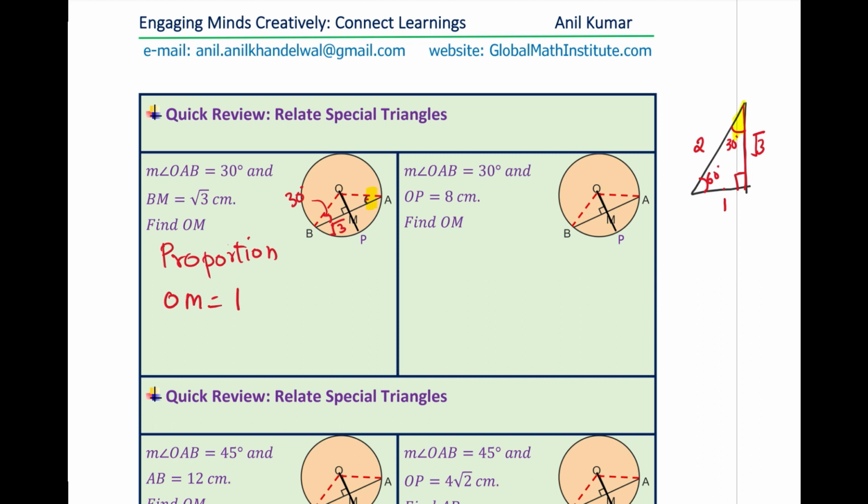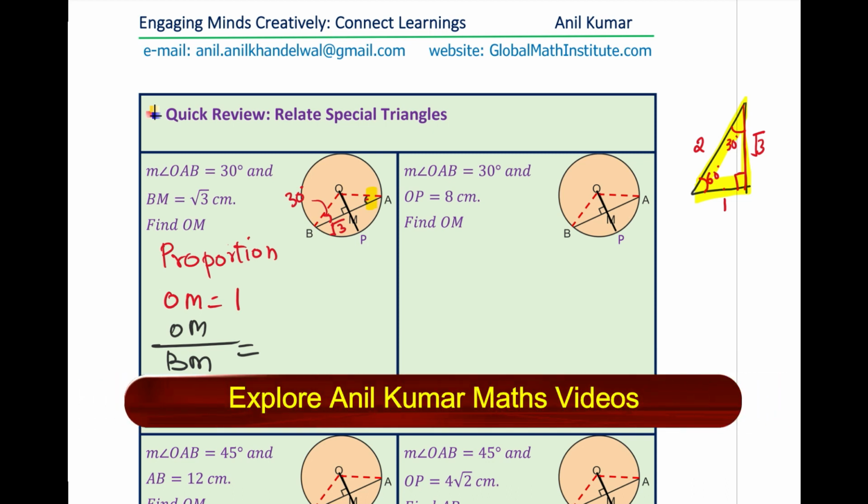So look here at the triangle once again. From this triangle, we can have the corresponding result. So the ratio of OM to BM should be, in this case, if I consider this, OM is opposite to 30, 1 over square root 3, correct?